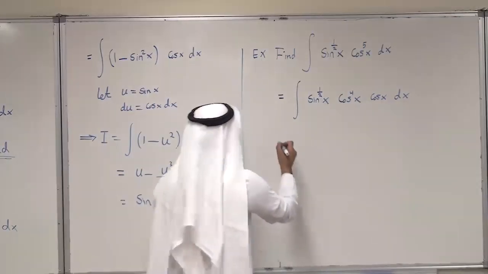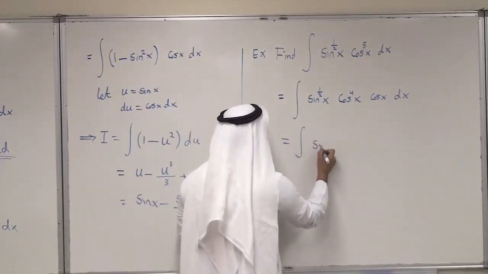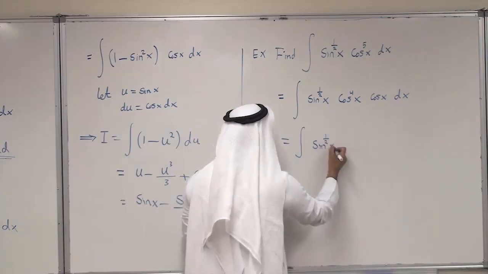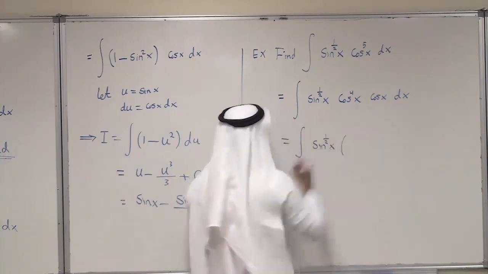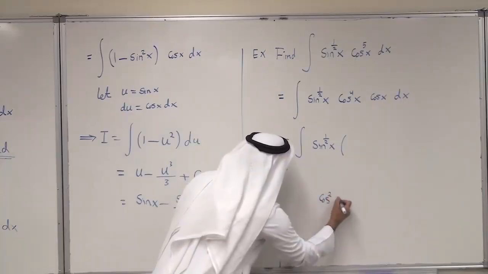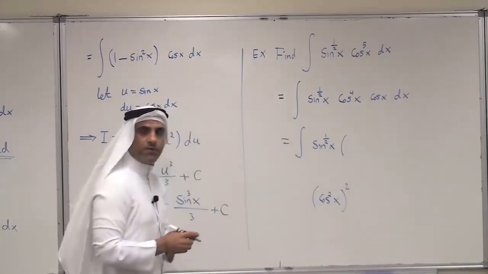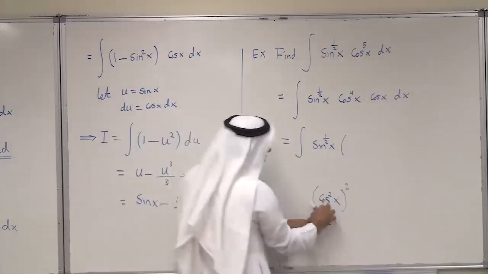What is next? I need to rewrite this in terms of the sine function. So I have sine to the power 1/2 of x. What is cosine to the power 4? Cosine to the power 4 is cosine squared of x, all squared. Now, what is cosine squared?